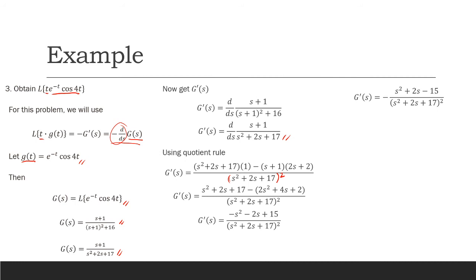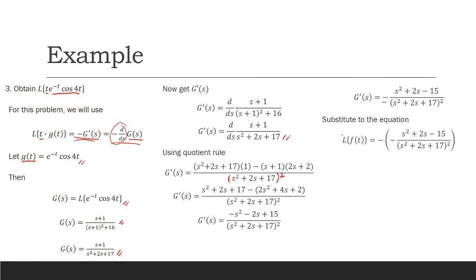Let's further simplify pa. Ang gawin natin is ilabas natin yung negative, kasi negative s squared minus 2s plus 15, alanganin. Also, maganda rin na nilabas natin 'yan kasi remember, kailangan pa natin siyang i-substitute dito. Mas madaling i-evaluate yung mga negative na sign. So substitute na natin siya to this equation.